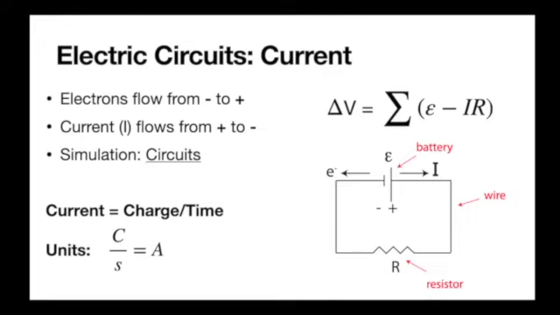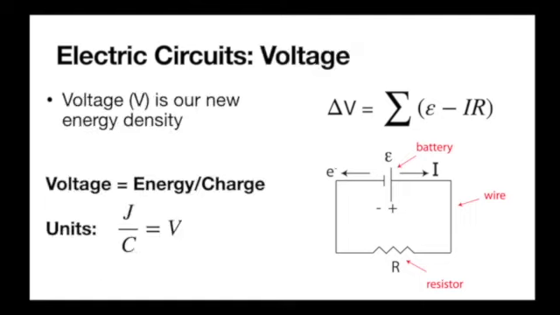But for whatever reason in physics, current is the flow of positive charge. So it's just flipped. Current leaves the positive side, goes through the circuit, and comes back in the negative side. Like I said, voltage is our new energy density, joules per coulomb, or energy per charge.